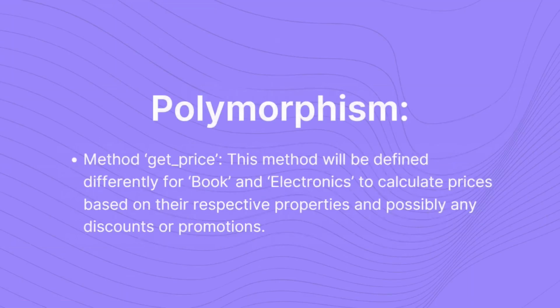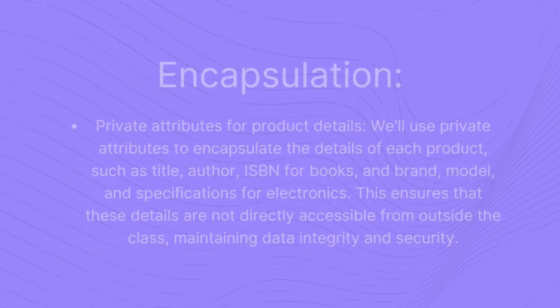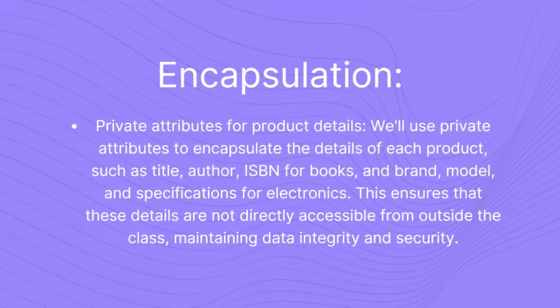Next is polymorphism. The method get price. This method will be defined differently for Book and Electronics to calculate prices based on their respective properties and possibly any discounts or promotions. Next is encapsulation. Private attributes for product details.